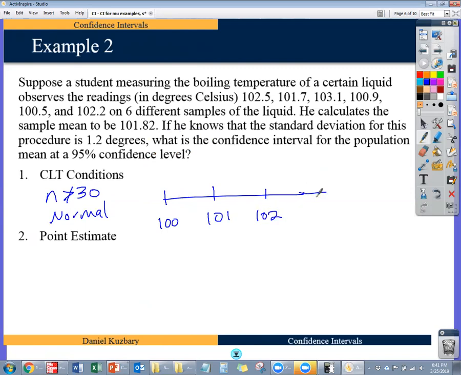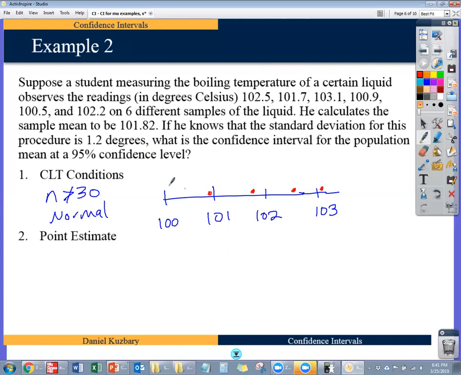If you see something that looks normal, like a high middle with stuff on the left side and stuff on the right side, that's usually enough for us to say it's normal enough to use this method for this confidence level.